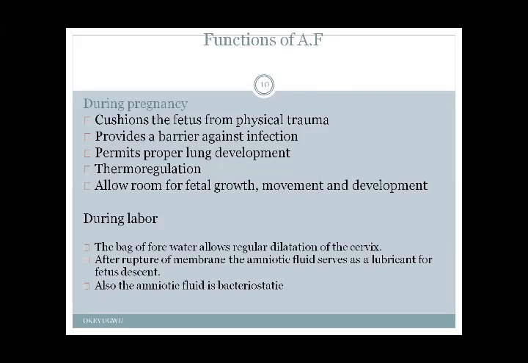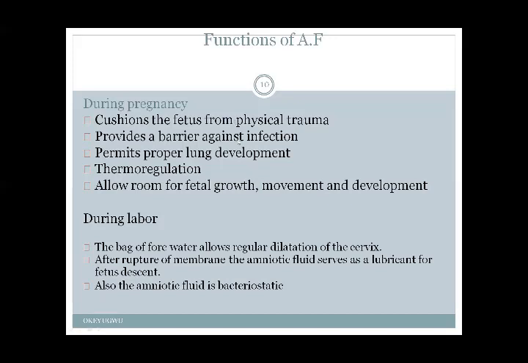But the fetus, which is very delicate, has to be protected as well from this strongly contracting uterus. In that case, the amniotic fluid between the uterine wall and the fetus acts as a cushion and prevents physical trauma to the fetus, as well as pressure from the uterus.